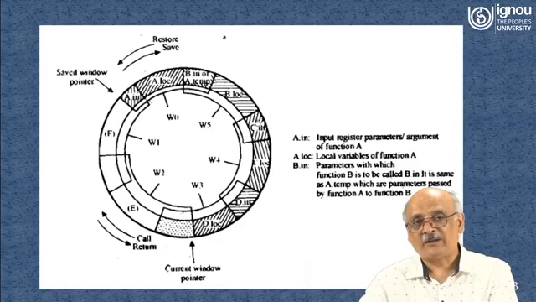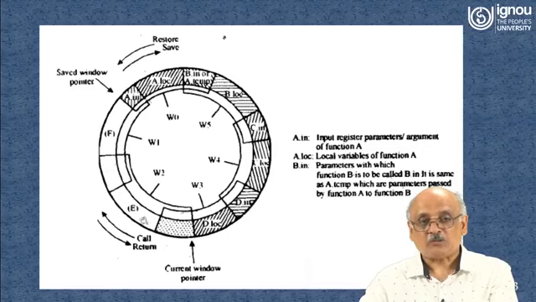So it just keeps on working with its local variables. It calls D, D calls E, E calls F. But when F is being called, there is a danger that if F calls something else, it will be overwritten, right?